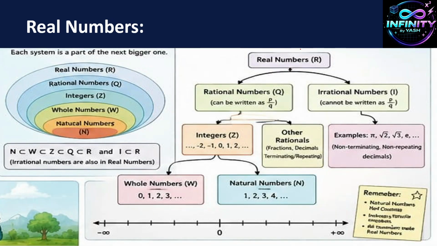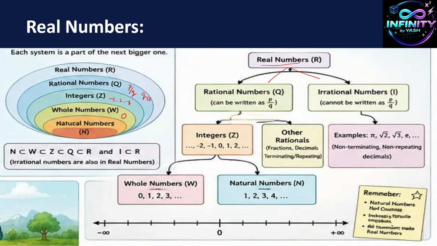So we can say that all numbers are real numbers, and real numbers are categorized as rational numbers and irrational numbers. This is a complete mind map of real numbers. If you go from the base, the natural numbers along with zero form whole numbers, then whole numbers along with negative numbers form integers, then all integers which are in the form of p by q, where q is not equal to 0, are rational numbers.